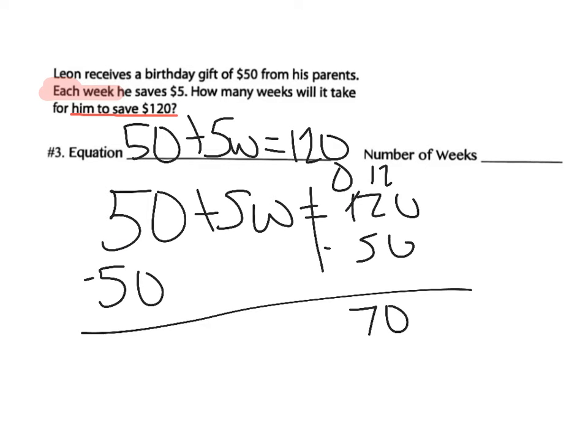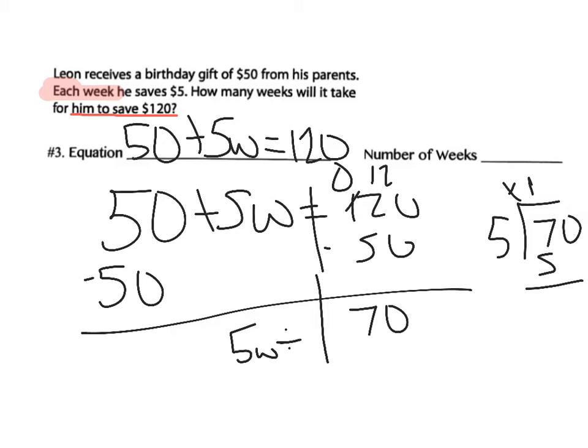And then you'll have to do 5W equals 70, divided by 5. 5 goes into 70 fourteen times. So W equals 14.